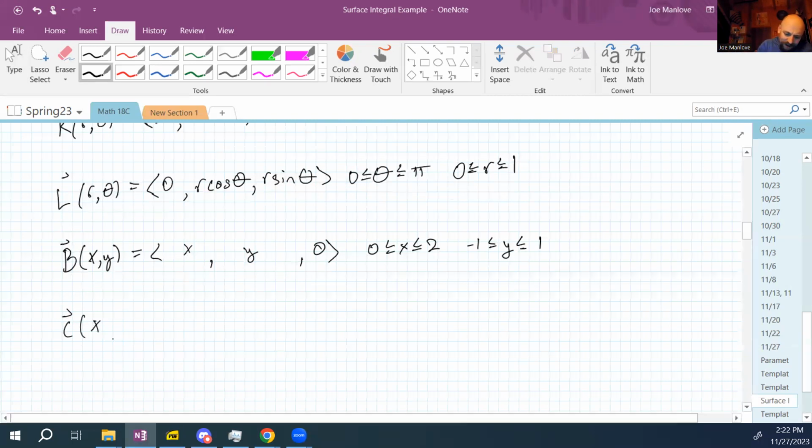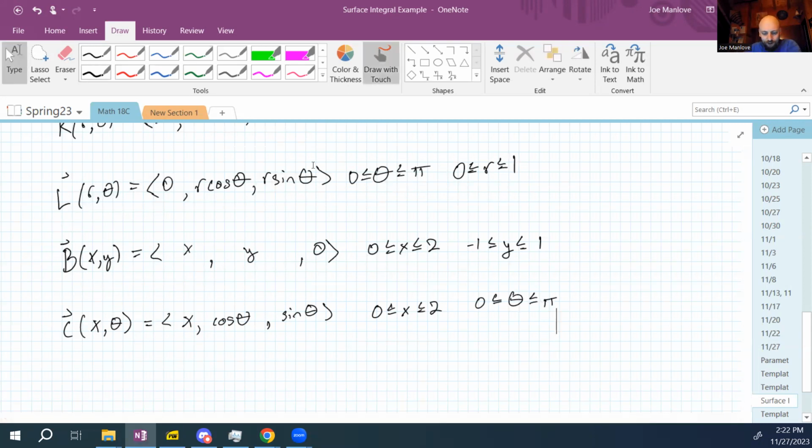So I think I'm going to say this is a function of X and theta. And X is just X, and Y is cosine theta, and Z is sine theta. And I think on this one, X's are going to range from 0 to 2, and thetas are going to range from 0 to pi, probably. Seems like it drives with what I was doing before.